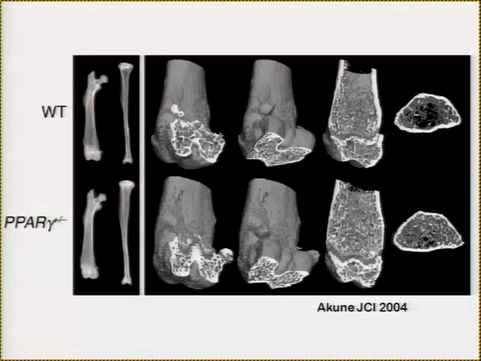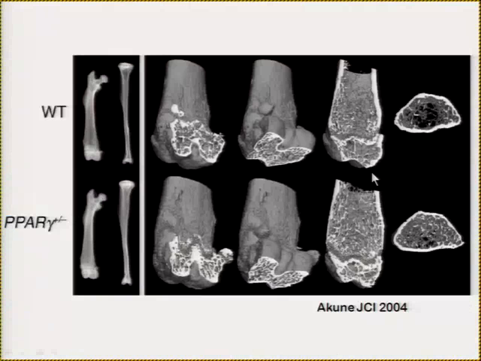And we really learned this in a beautiful paper published in JCI by Akune's Japanese group in 2004 with this mouse, which is the PPAR gamma heterozygote knockout. So PPAR gamma is a transcription factor that is absolutely required for fat cells to form.